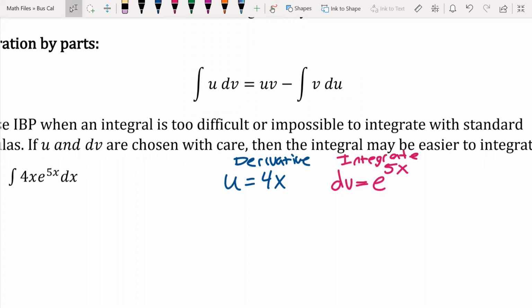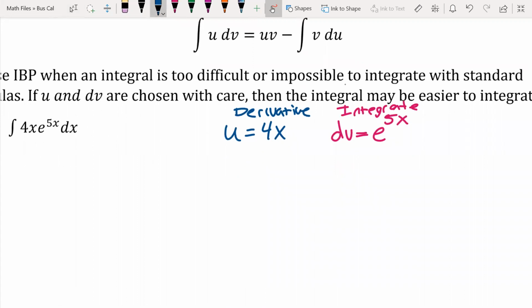Okay, so once we do that, the derivative of 4x is going to be du equals 4 dx. And then we're going to take the antiderivative of e to the 5x, and the antiderivative of dv becomes v, and the antiderivative of e to the 5x is going to be 1 over 5 e to the 5x.